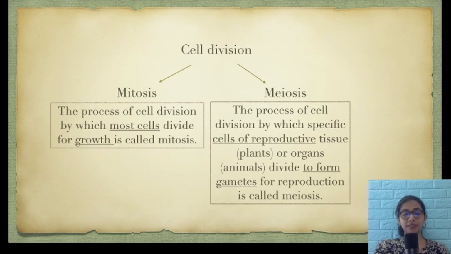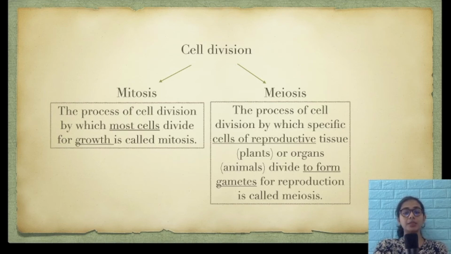Plants have reproductive tissue and animals have reproductive organs, right? So cells of reproductive tissue only divide by meiosis. And why does this happen? To form gametes, right? So meiosis happens only in the cells of reproductive tissues or organs, and its purpose is to form gametes, right?